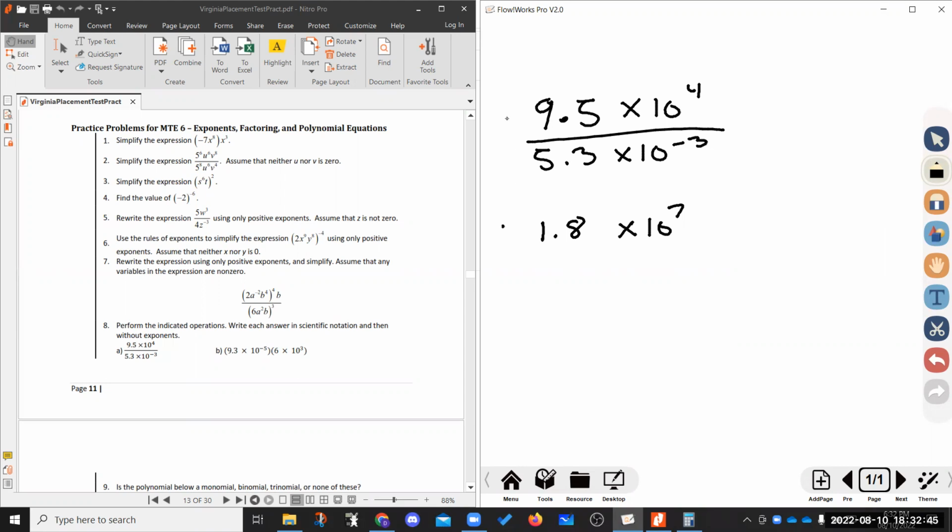For part B, we have 9.3 times 10 to the negative fifth times 6 times 10 to the third. It depends on how you look at the 6 here.